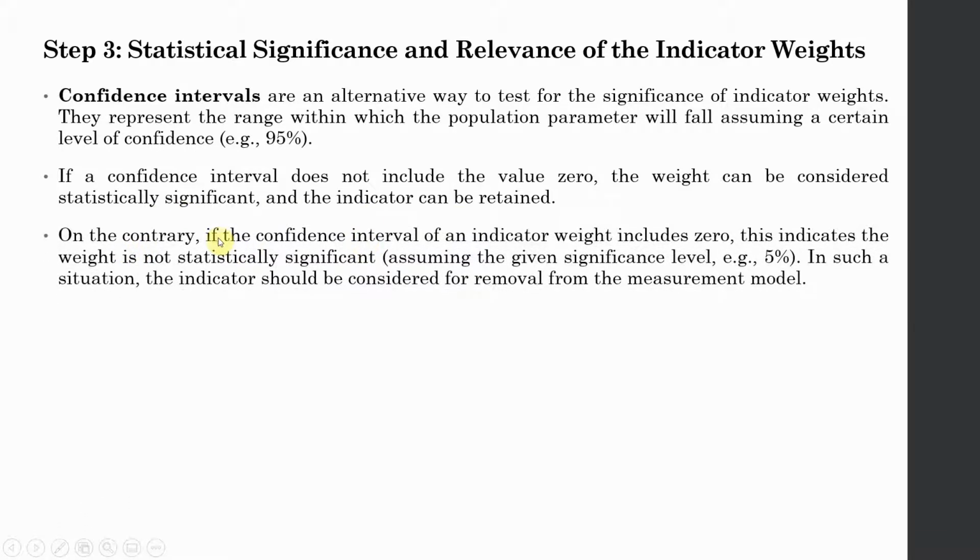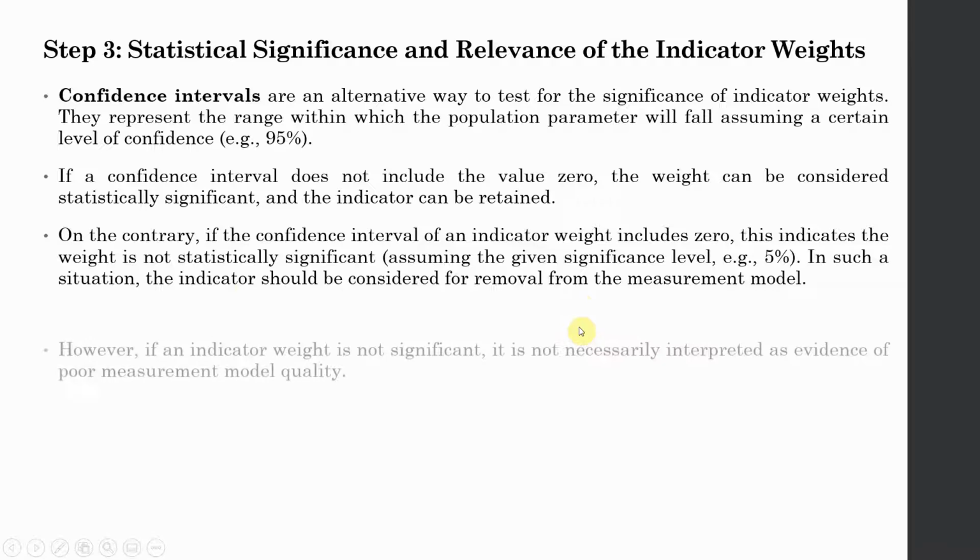However, on the contrary, if the confidence interval of an indicator weight includes a zero, this indicates the weight is not statistically significant, assuming the given significance level, that is 5%. In such a situation, the indicator should be considered for removal from the measurement model. However, we will further look into other statistics as well.